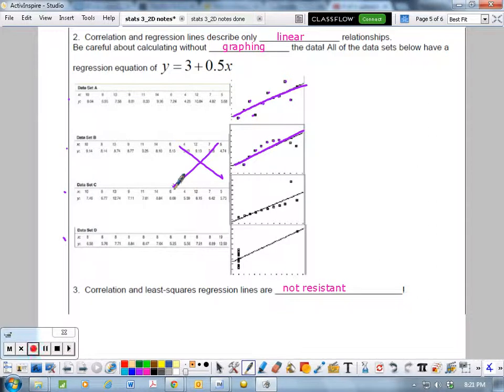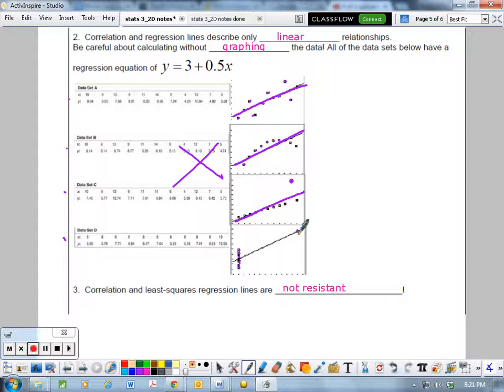On data C, this line isn't going to be as accurate because we have that outlier up there. And that outlier is affecting that line. And then this one, data set D, we've got all these points over here and one point out there, that influential point that is really affecting that.